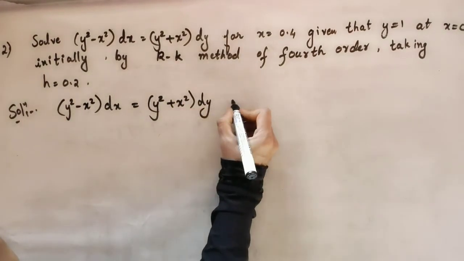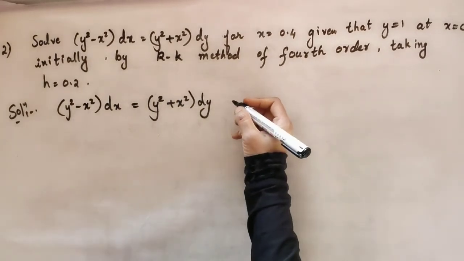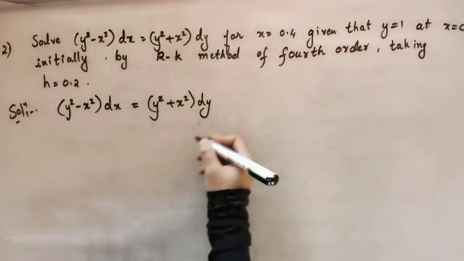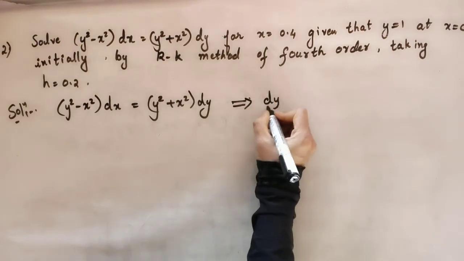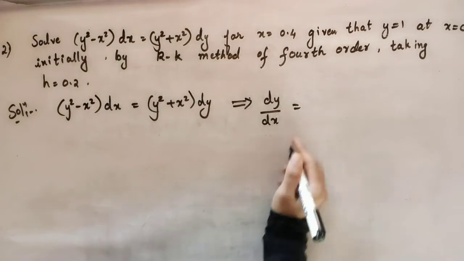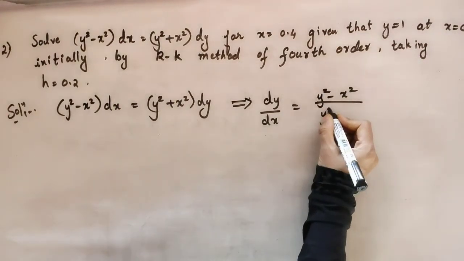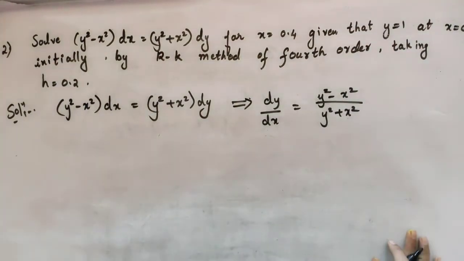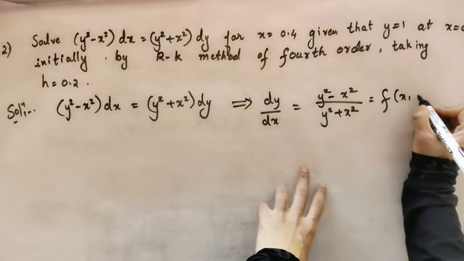If you just cross multiply and take dx to the other side, you can directly write dy by dx as y square minus x square over y square plus x square. Once you are done with this, write this as f of x, y.